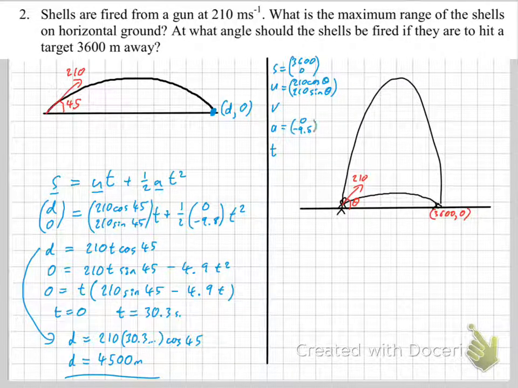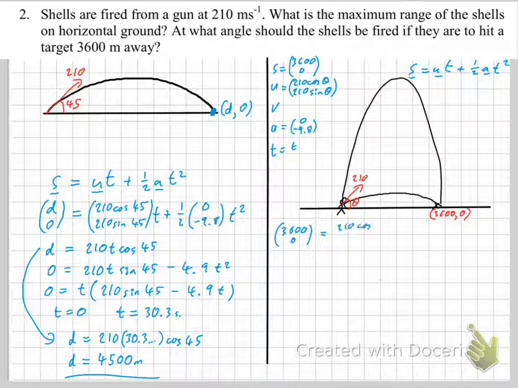There's our gravity. T is T. Old friend s equals ut plus half at squared. Now let's substitute everything into it. Set up your two separate equations.